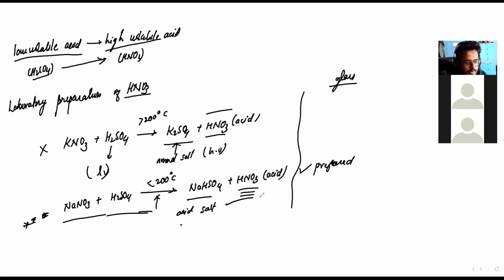This reaction is more viable and more frequently used, where the temperature is less than 200 degrees Celsius and the product formed is an acid salt. We get nitric acid, and this one is preferred because every component of the apparatus is made of glass, and there is a very high tendency that glass may break at very high temperatures. Okay, so you need to keep that in mind.